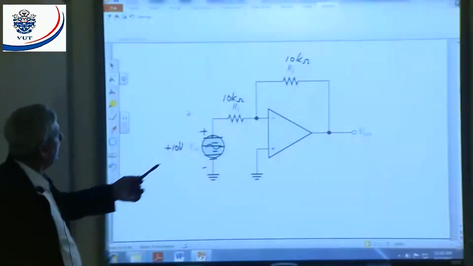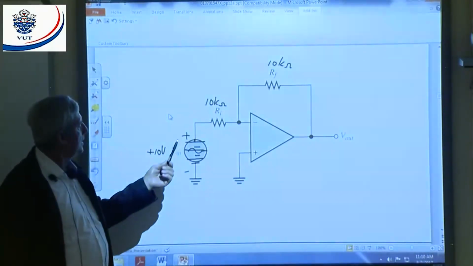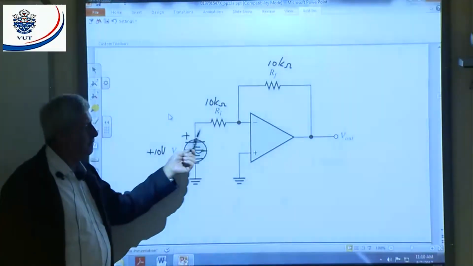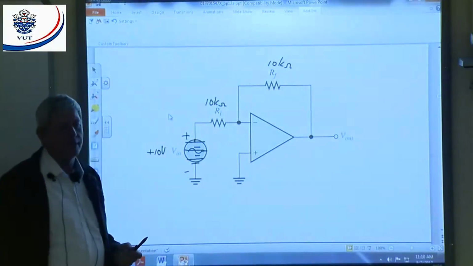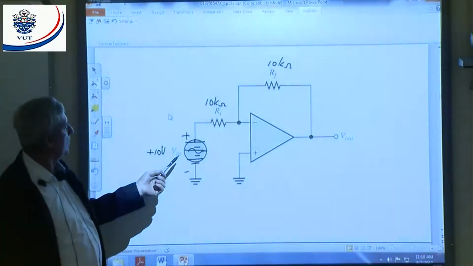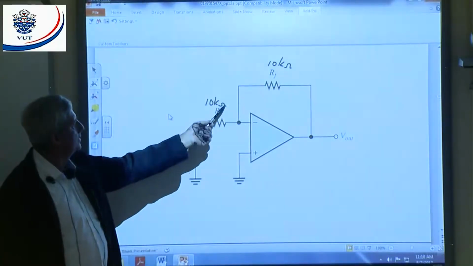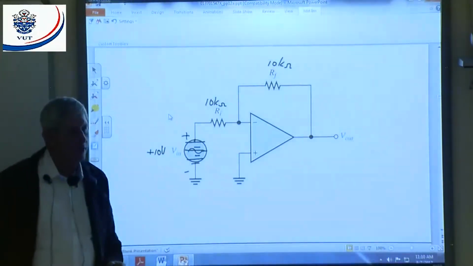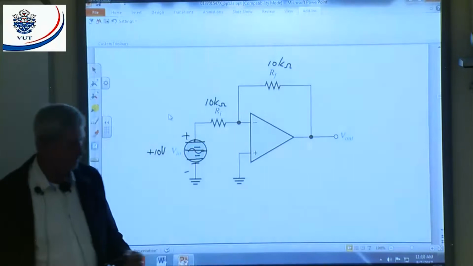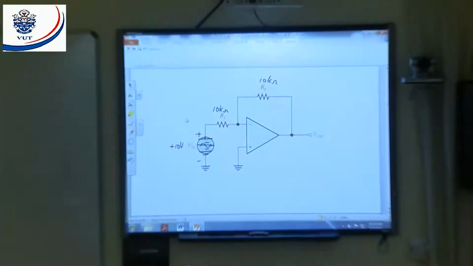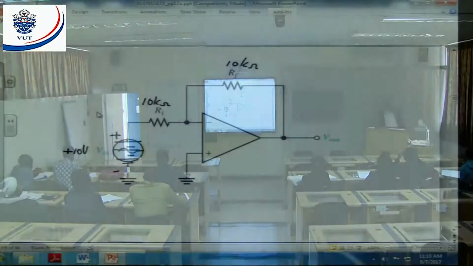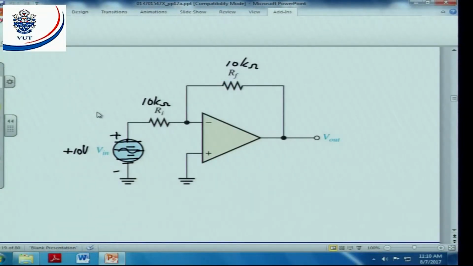Now, if I assume that is at earth, what can I say about the current that's going to flow here? Can I calculate the current value? Yes, I have the voltage, because that's 0. I have the voltage as 10 volts here. I have the resistance there, R in is 10 kilo ohm. What can I say about I in? Because this point is now at 0 volts, I will have a current flowing in that direction.